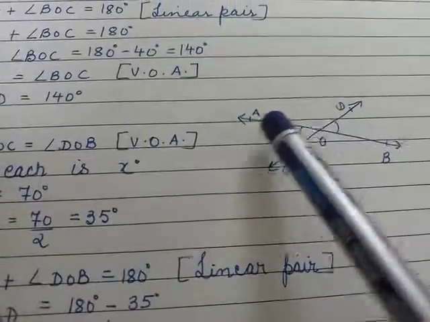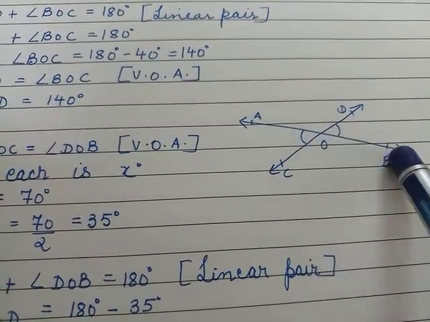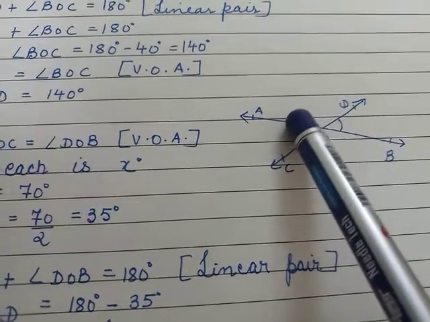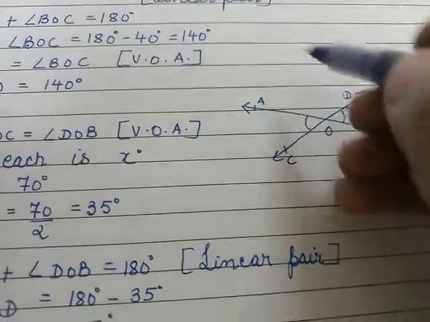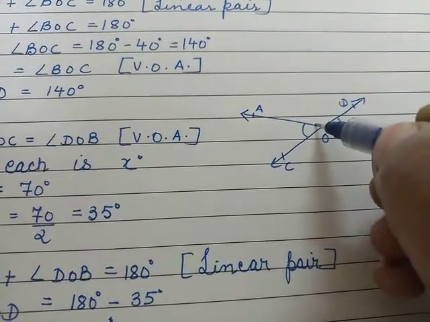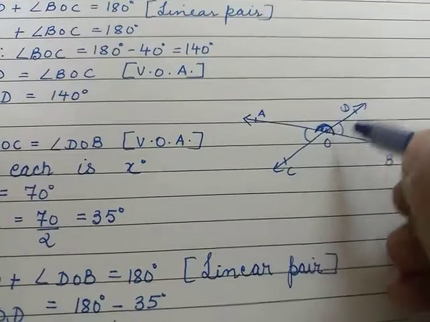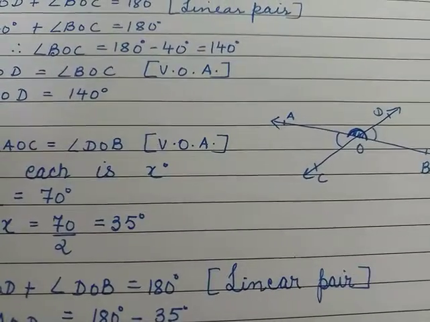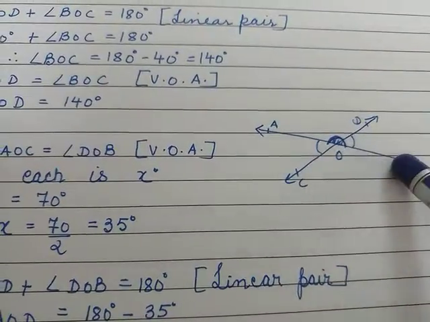Now we get the value of angle AOD. Angle AOD and DOB are forming a straight angle. So as these two are forming a straight angle, the sum is going to be 180 degrees. As we have calculated already, angle DOB is 35.